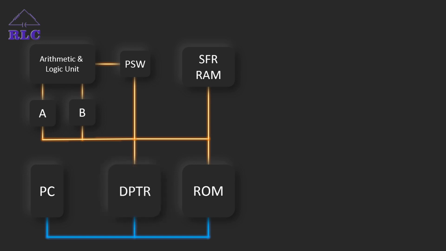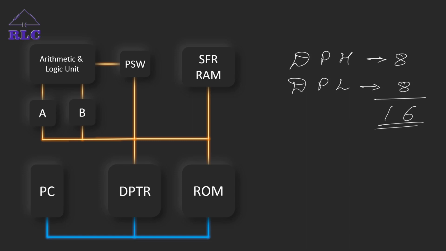This DPTR consists of two registers: DPH and DPL. DPH is an 8-bit register and DPL is also an 8-bit register. Clubbed together, it's a 16-bit register, that is DPTR. DPH means data pointer high byte. DPL means data pointer low byte.